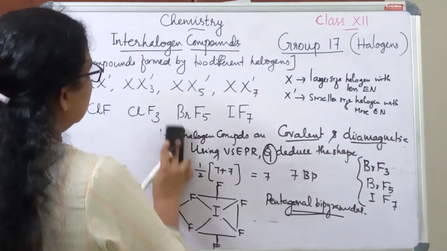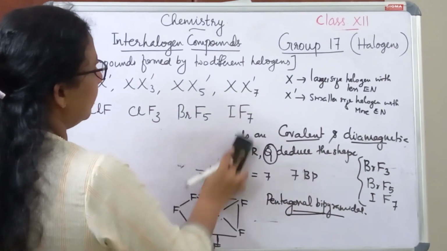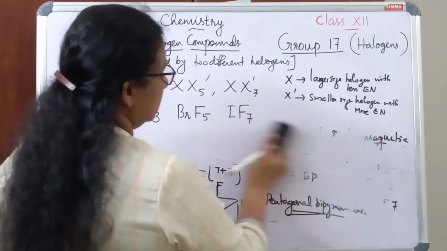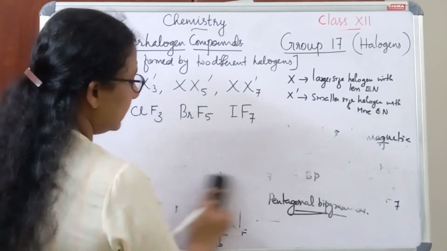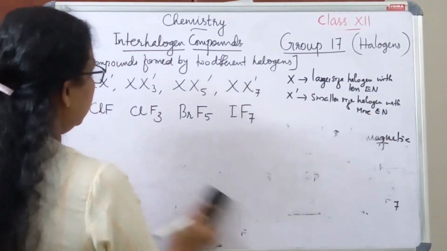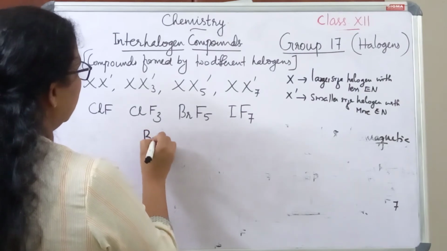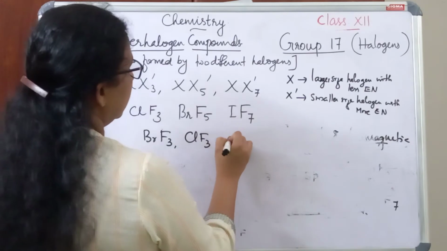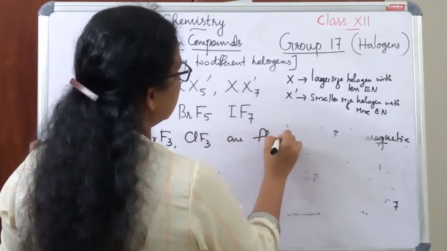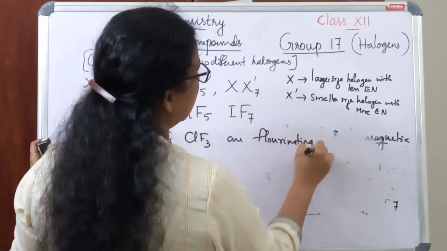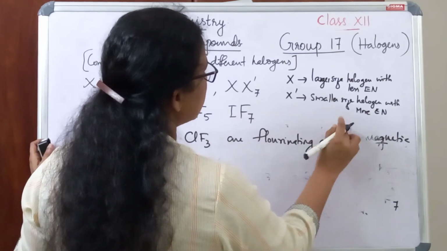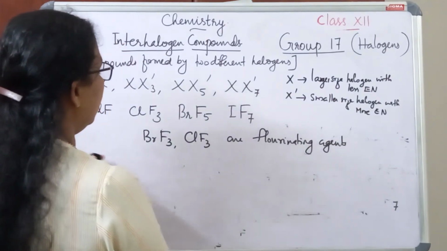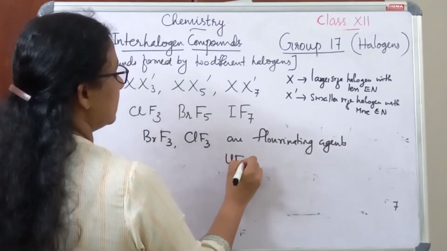Now let us see the uses of interhalogen compounds. So among interhalogen compounds, BrF3 and ClF3, they are used as fluorinating agents, and they are used for the production of UF6.